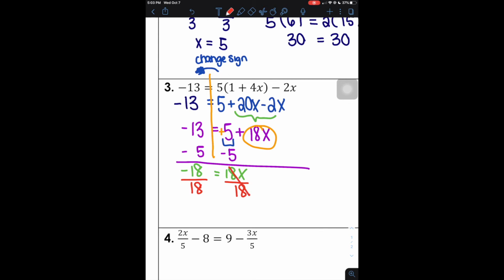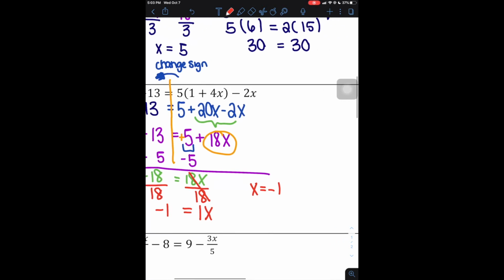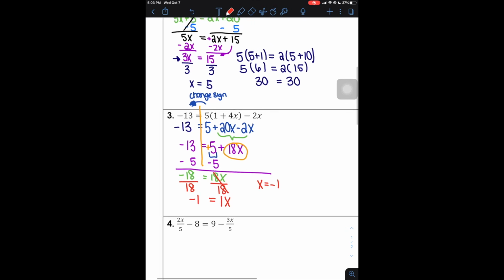That'll give me a positive 1. And a negative number divided by a positive number is a negative number. So it's just going to give me negative 1. I'm sorry. So x is equal to negative 1 supposedly. But let's just put that in and check our answer.